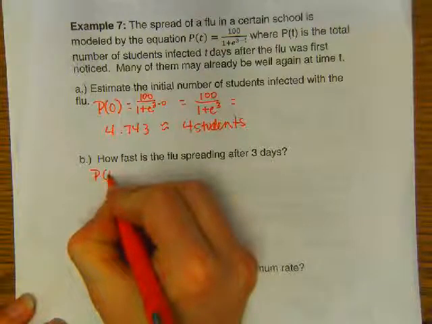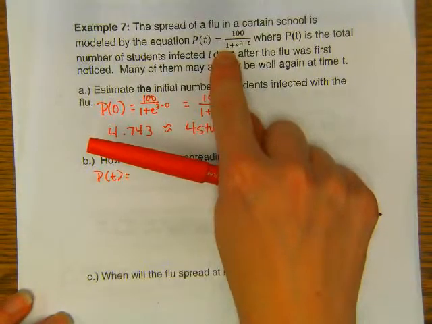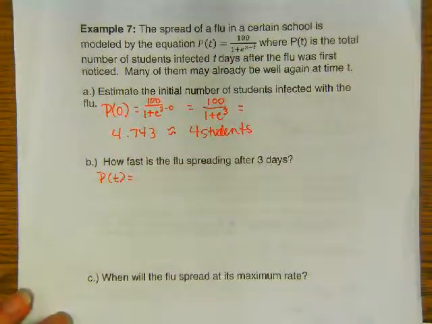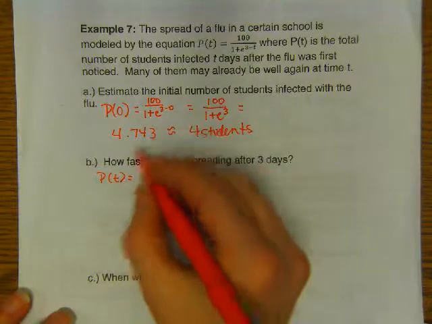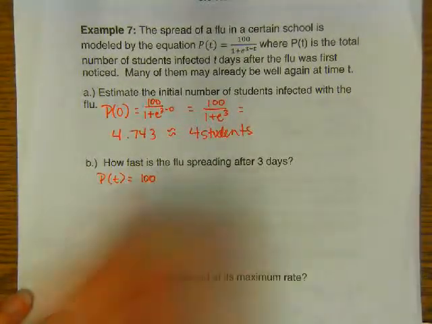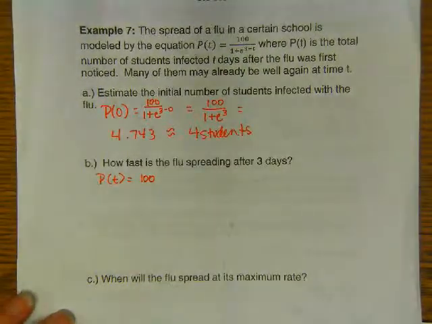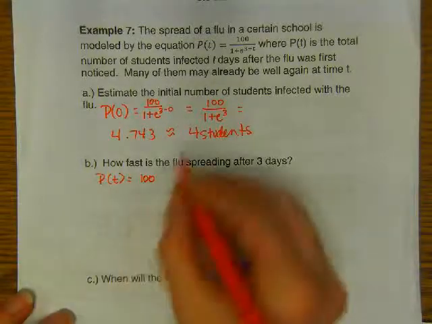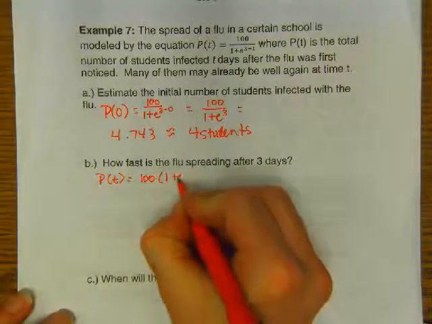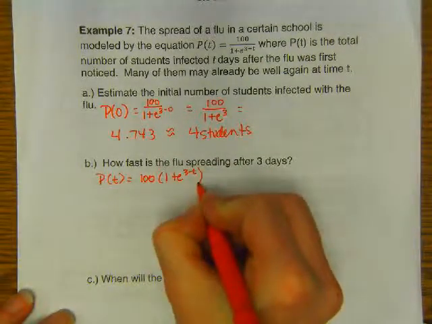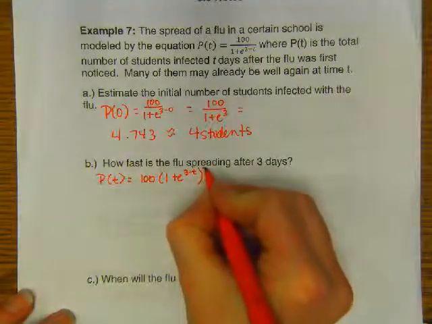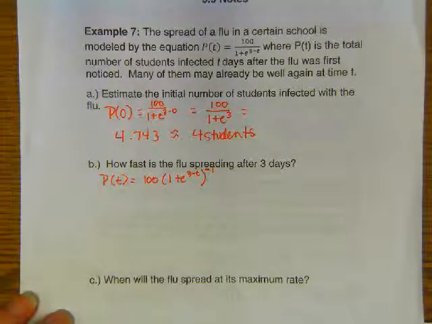How would I rewrite this as a negative exponent instead? 100, what's on the bottom? 1 plus e to the 3 minus t to the what power? Negative 1 power. Okay, I did not do any calculus here. I'm simply rewriting this expression.